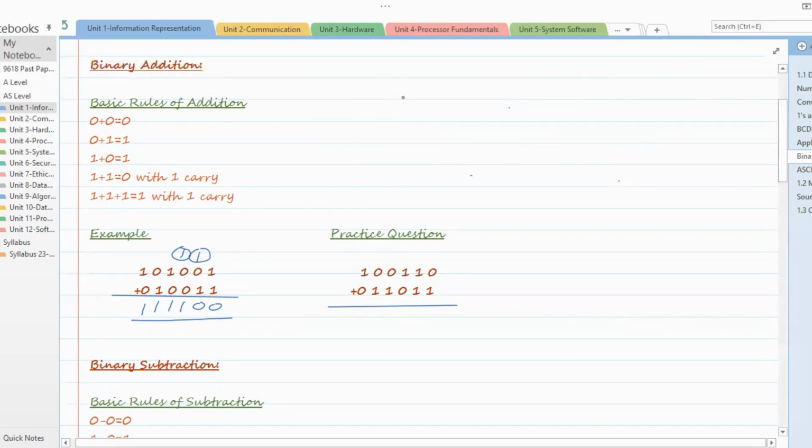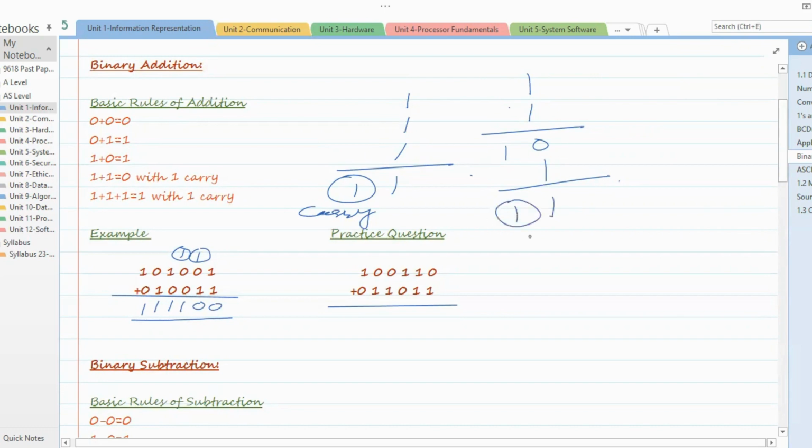If I write 1 plus 1 plus 1, I say this gives me 1 with a 1 carry bit, right? Now, you can write this way also. 1 plus 1 gives me 0 with 1 carry, and then I have to add this extra 1 here, which gives me 0, 1 is 1, and 1 is 1 here.